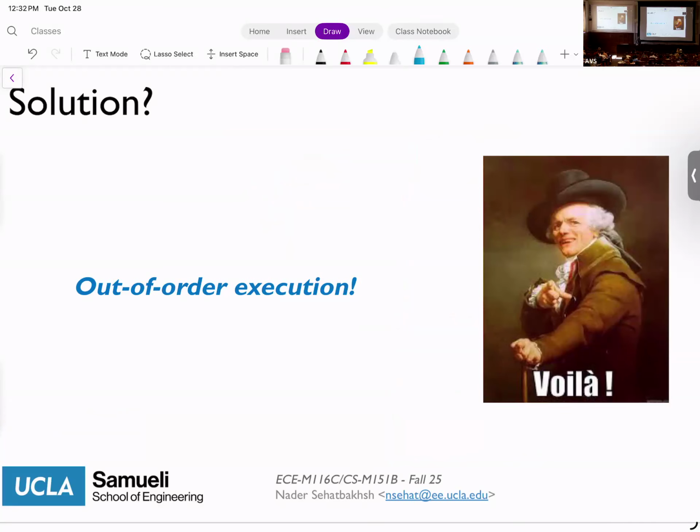Yes. Even for out of order execution, you would at some point need to stall. So is that a question, that at some point you would need to stall the processor?